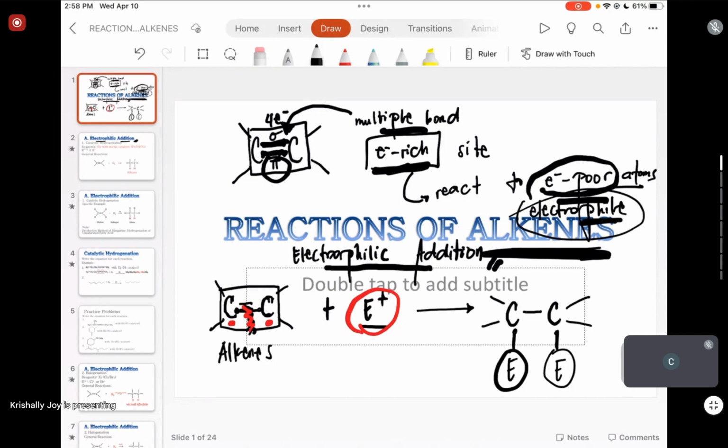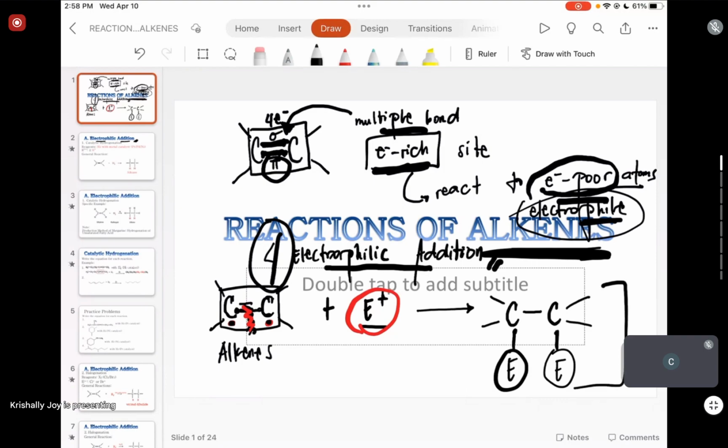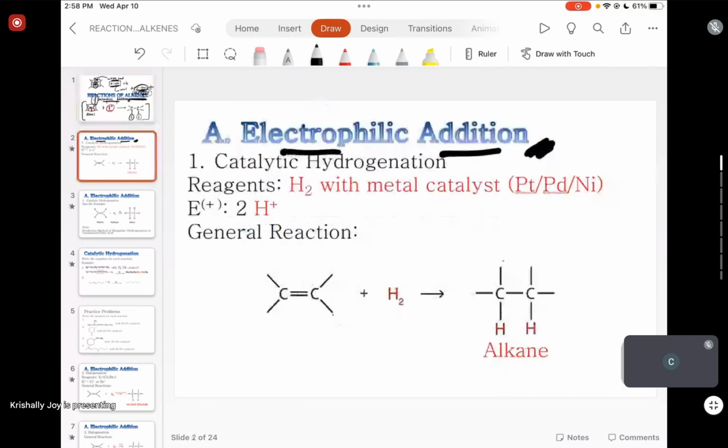Okay, so yan lang po yung mechanism how electrophilic addition of alkenes happen. So we actually have 4 types of electrophilic addition. And again, ang mechanism ng apat na yun, ito lang po yung concept. Break the pi bond, then pwede na natin i-add yung incoming electrophile.